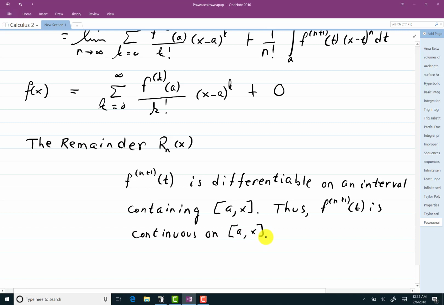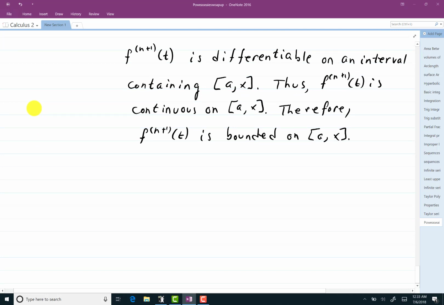Therefore, f to the n plus 1 of t is bounded on that closed interval. All this stuff is from Calc 1.